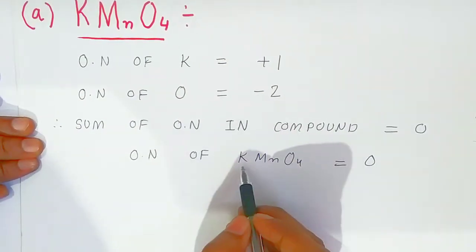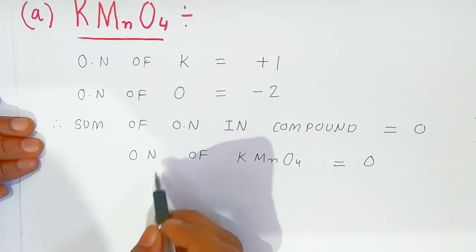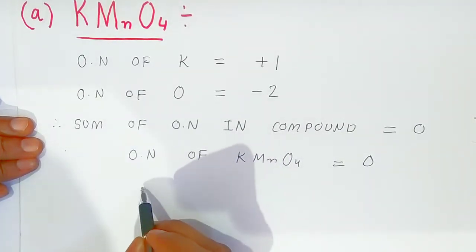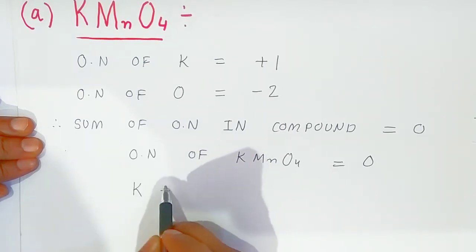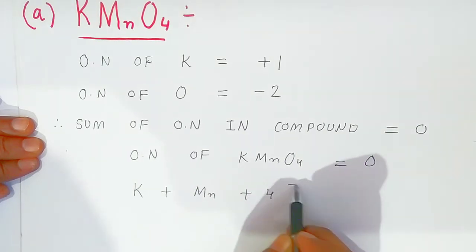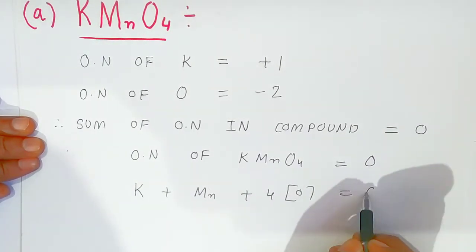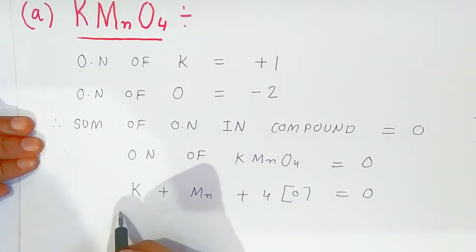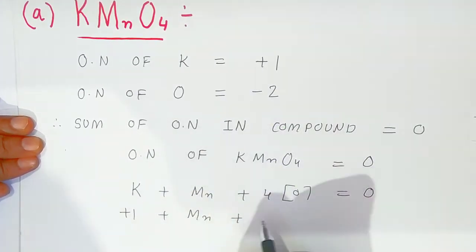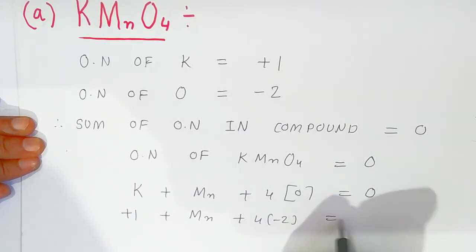So we write the sum of oxidation numbers: the oxidation number of potassium plus the oxidation number of manganese plus the oxidation number of 4 oxygen atoms always equals 0. Potassium is +1, manganese we don't know, and oxygen is -2, which equals 0.